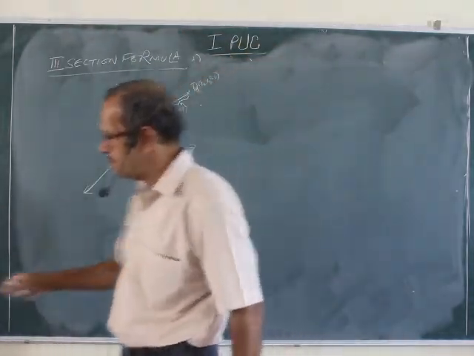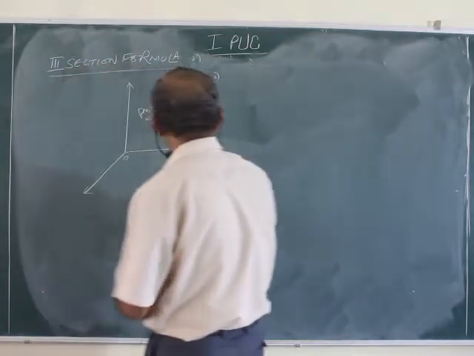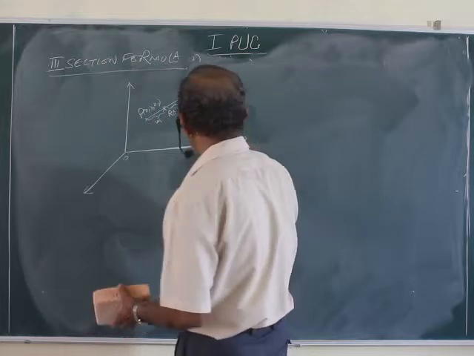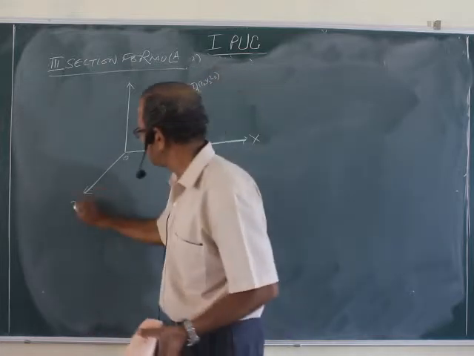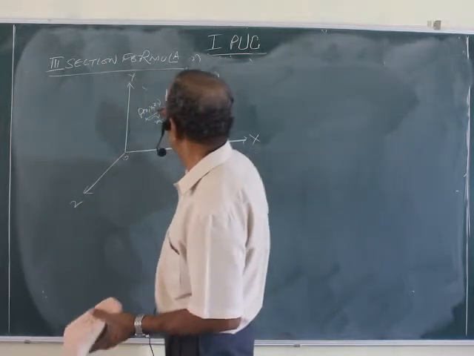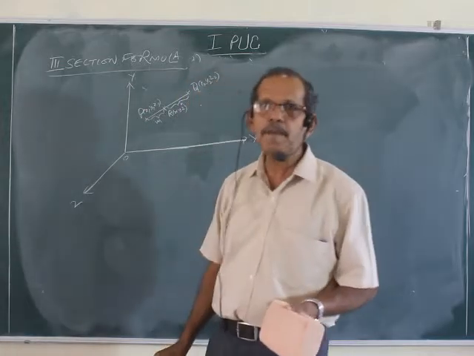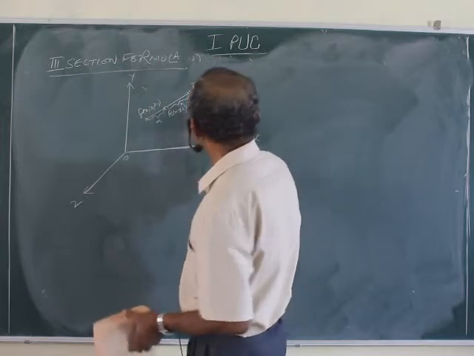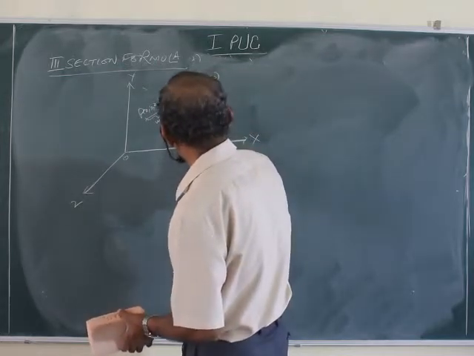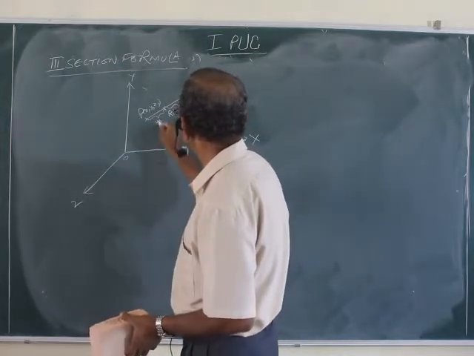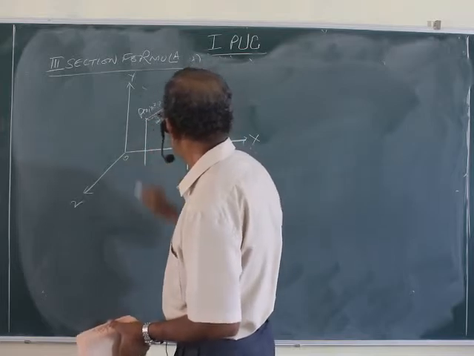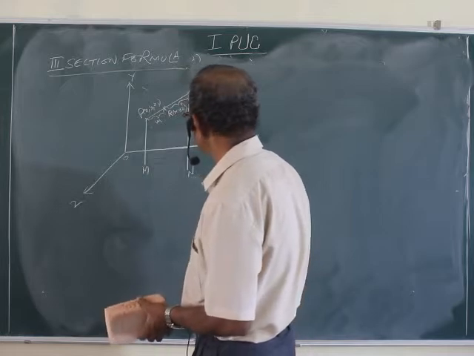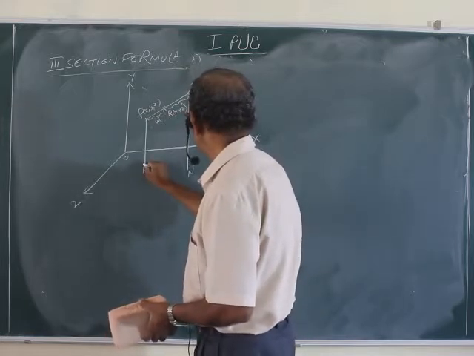Now, instead of making complication, let me draw the perpendicular only on xz plane. Because if too many perpendiculars are drawn, you will be getting confusion. Not necessary. Just to xz plane, let me draw the perpendicular. Perpendicular PM, QN, right? Join this.